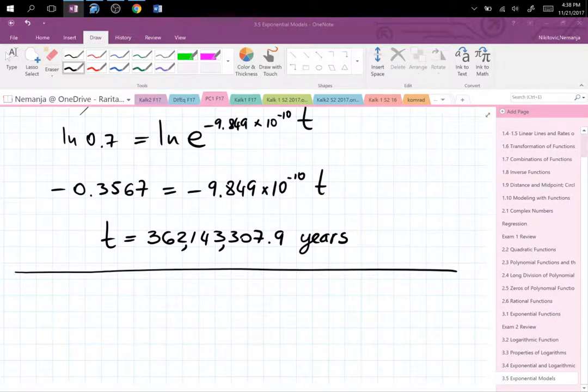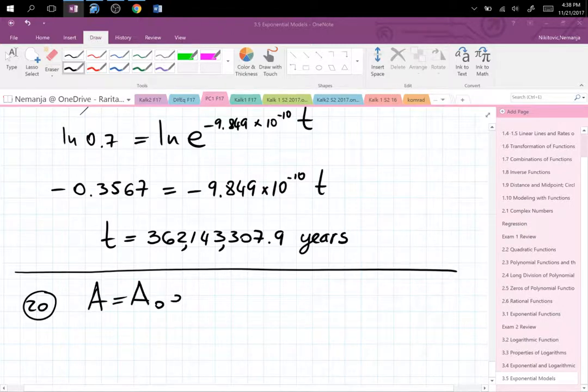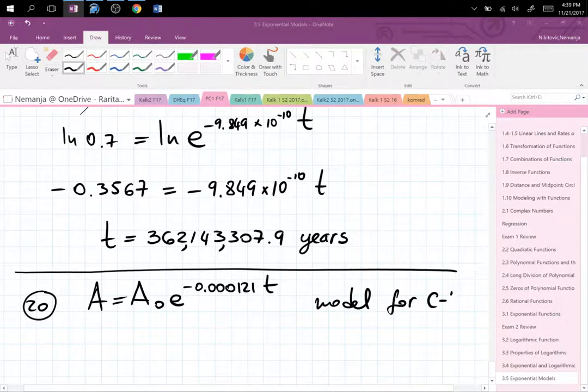So use the exponential decay model. This is problem 20, let's say. Exponential decay problem, A equals A0 e to the negative 0.000121t. Model for C14, that's a carbon isotope.